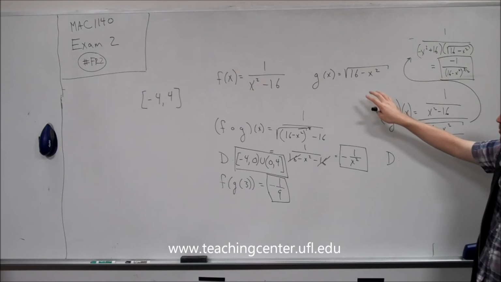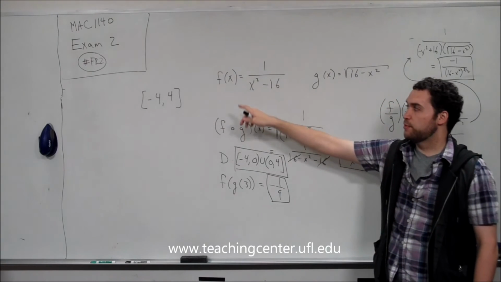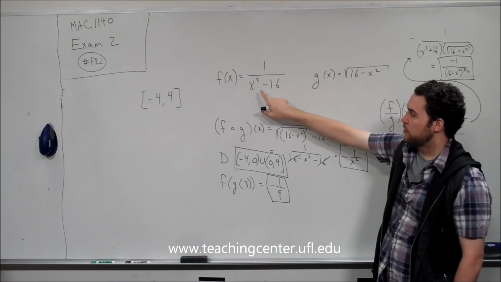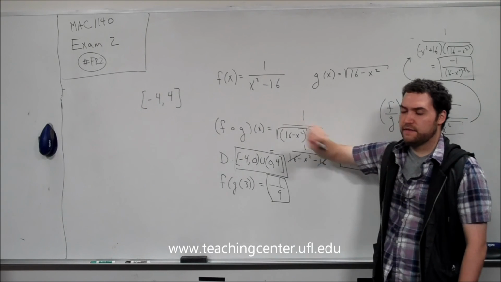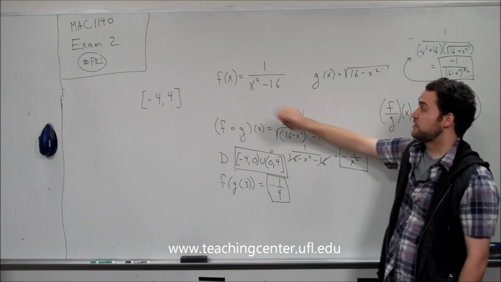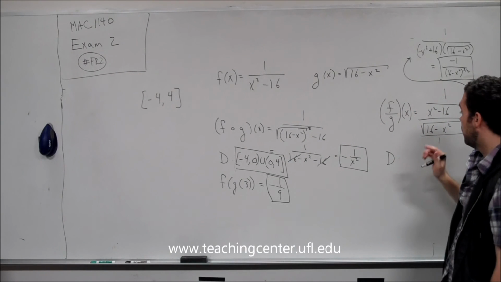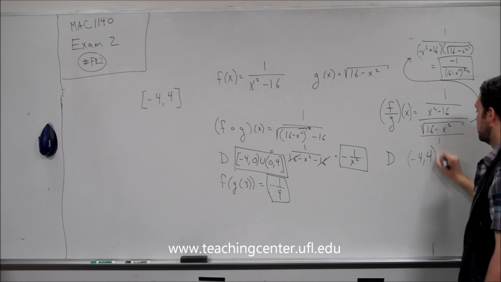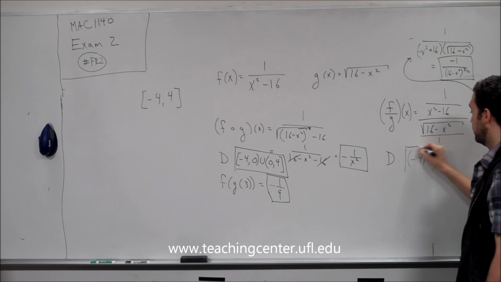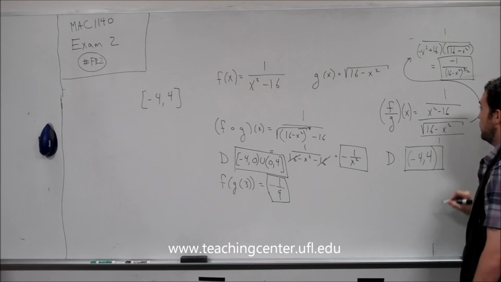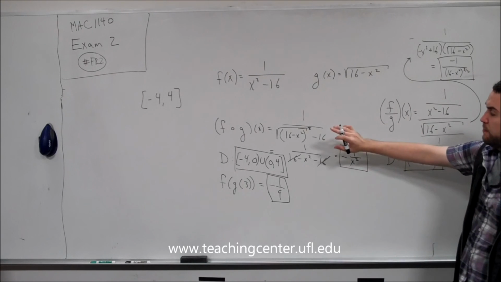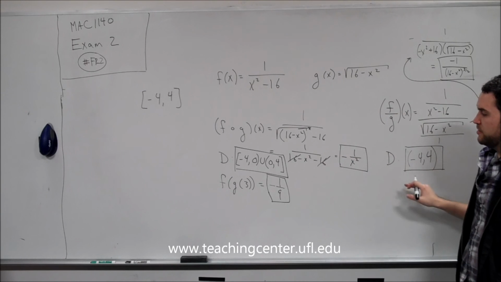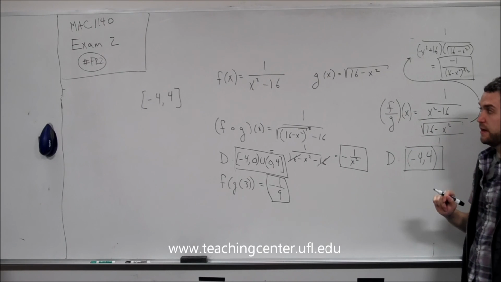So right now the domain we have is -4 to 4, but with parentheses and not brackets. And if we take this into consideration, we also know that this can't be 4 or -4 either, because that just gives you a 0 on the bottom. So our domain of this function is going to be -4 to 4, non-inclusive, so you're going to have parentheses. And that's how you find a composite function, the quotient function, their domains, and then simply plugging in 3 into that composite function.